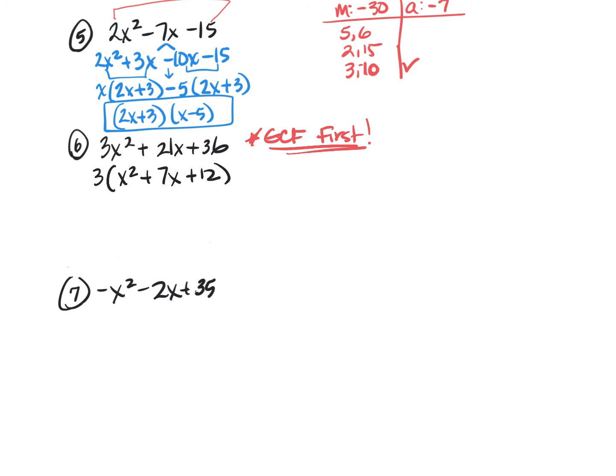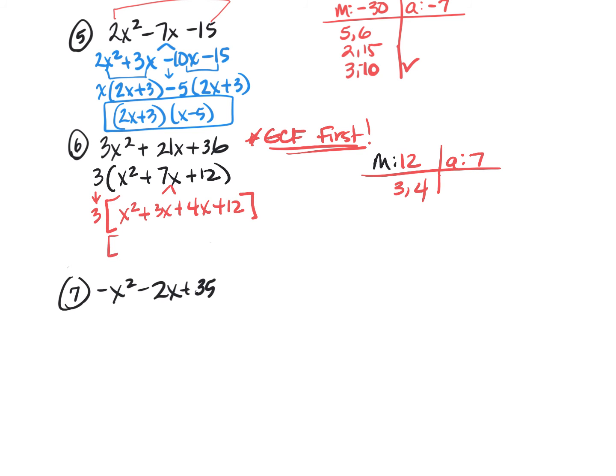Now I want to try to factor this inside by doing the same method we did before. In this case, we're going to multiply to 12, and add to 7. So hopefully what comes to mind is 3 and 4. Everything looks positive, so everything looks good there. Now I'm just going to bring that 3 straight down, and I'm going to break up that 7. So x squared plus 3x plus 4x plus 12.